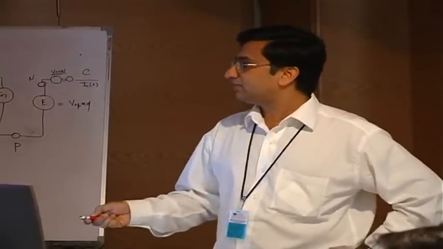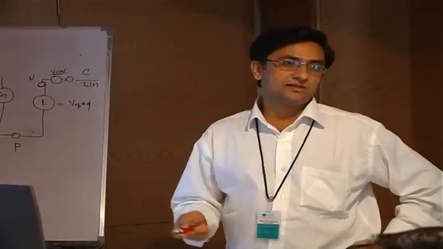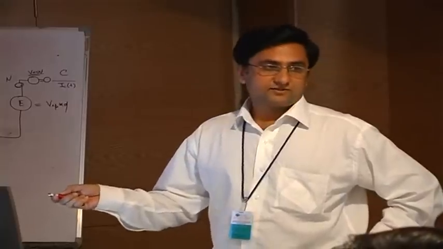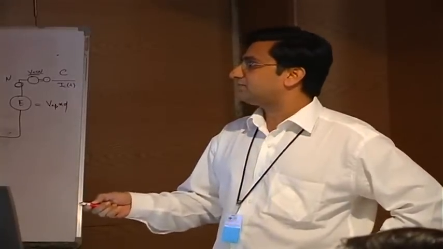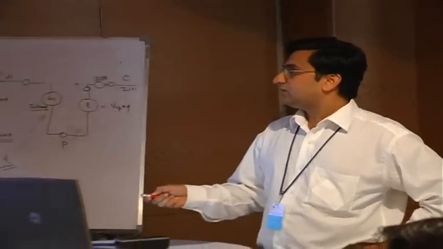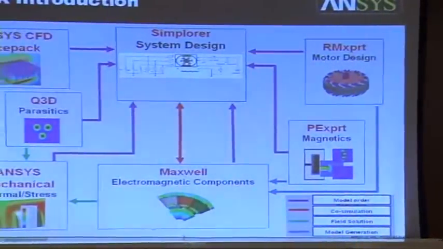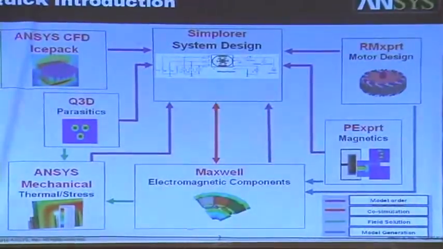So here we have the Q3D Extractor, where we can extract the RLC circuit and then include it in the main circuit. Then we have Icepak, a product where you can do the complete thermal analysis of the inverter. For example, in an inverter you may have a fan, or for an IGBT you will have a heat sink.